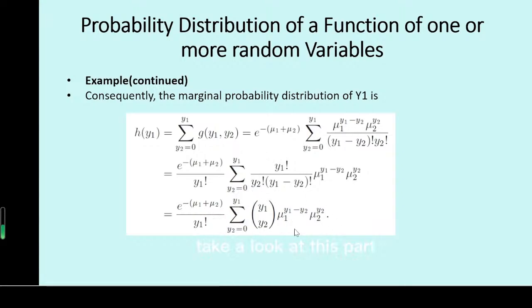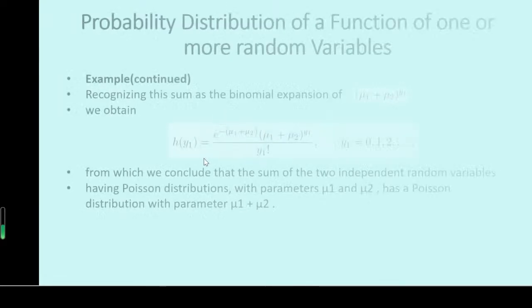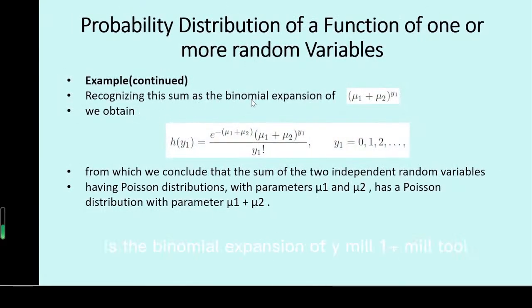So this part, take a look at this part. This part is the binomial expansion of (mu1 plus mu2) to the power y1. So that's why we can get the final result for the distribution of y1, which is e to the power minus (mu1 plus mu2) times (mu1 plus mu2)^y1 divided by y1 factorial.